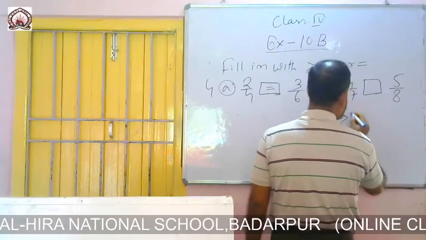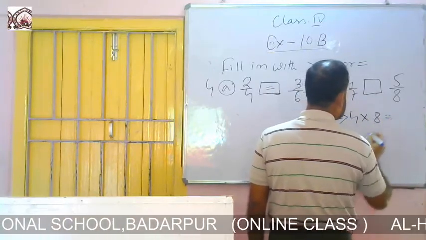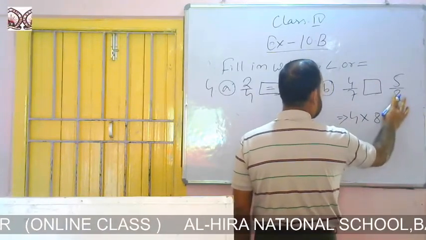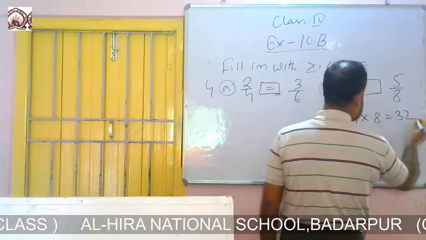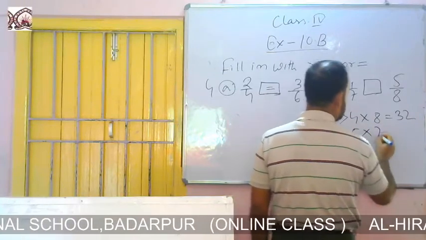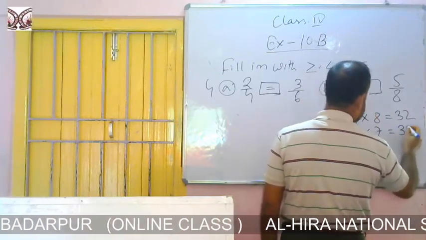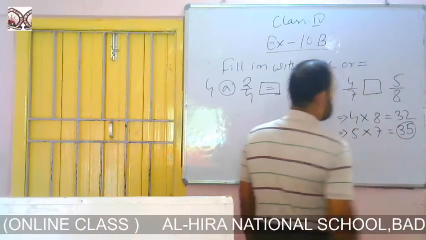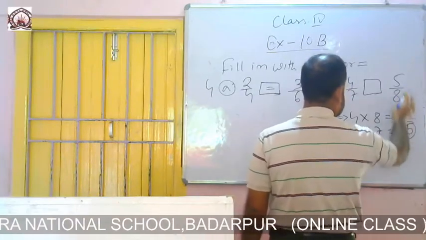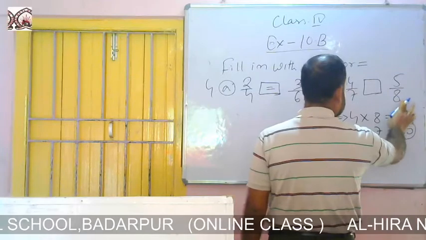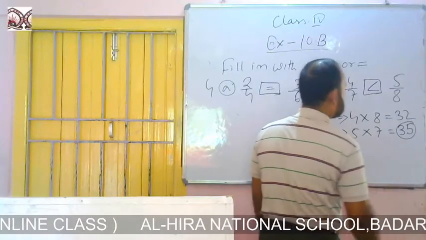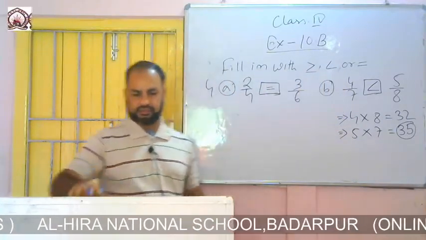First 4 into 8 is 32, and here 5 into 7 is 35. So 35 is bigger, so the second fraction is greater than the first. So we write 4 by 7 is less than 5 by 8.